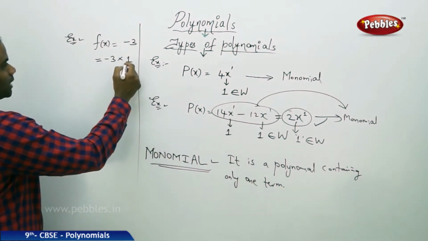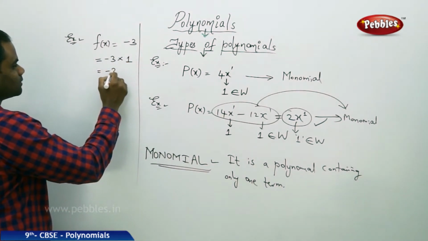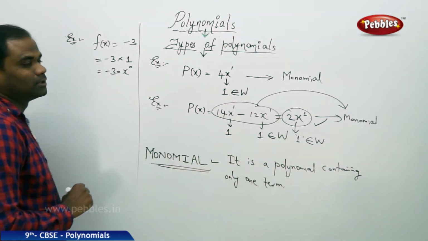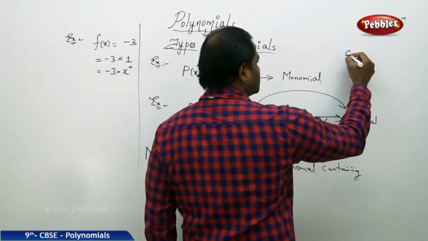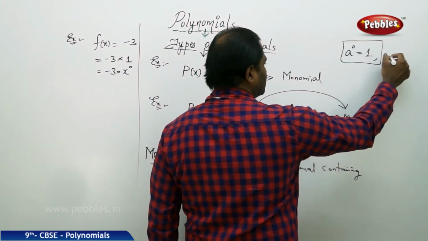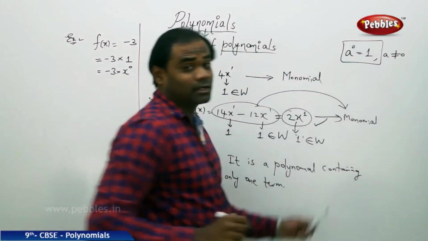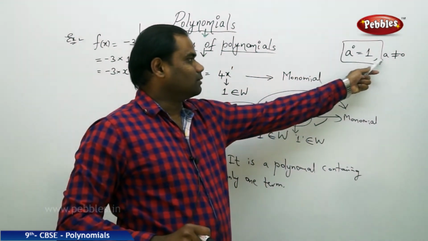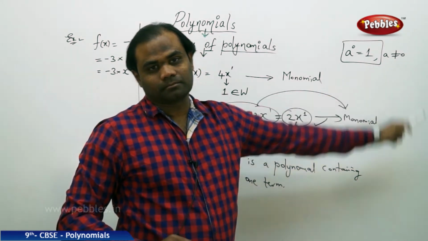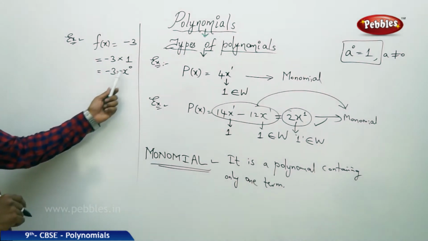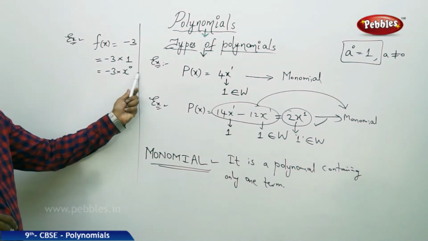Now the reason why I multiply with 1 is that I can substitute this 1 with x power 0, because we all know that a power 0 equals 1, provided a is not equal to 0, for a belonging to R. So using that property, I have 1 which can be written as x power 0.